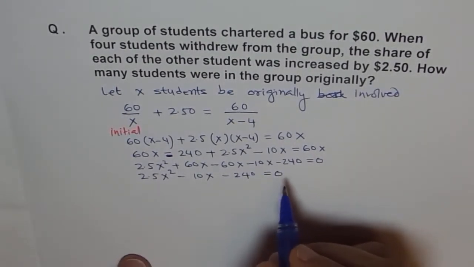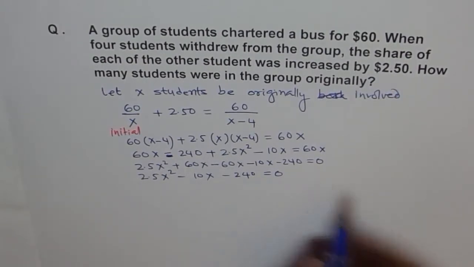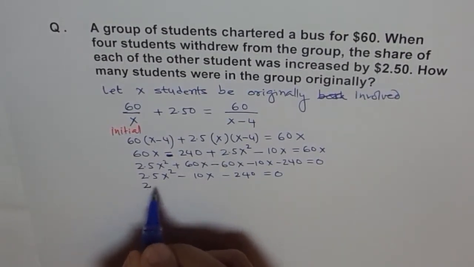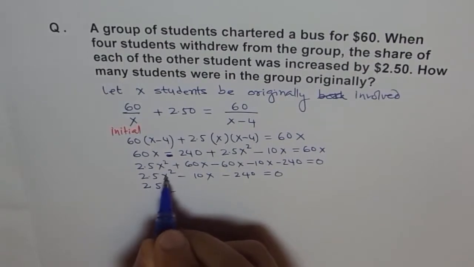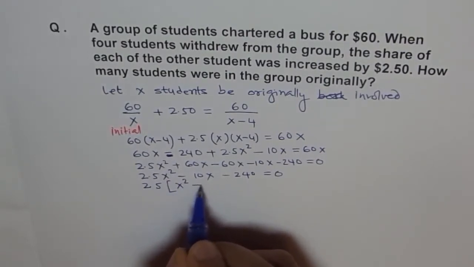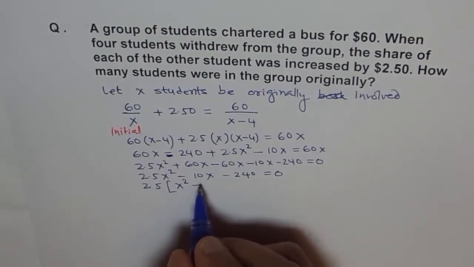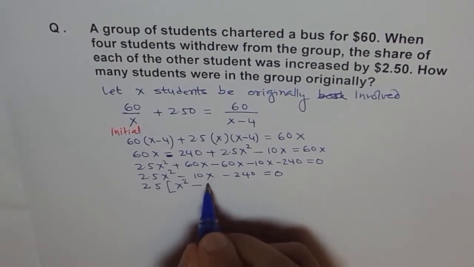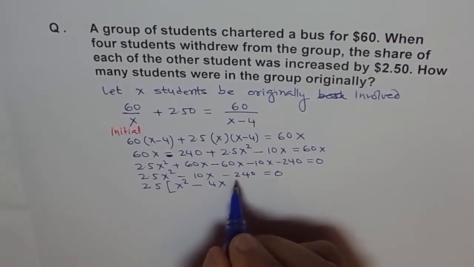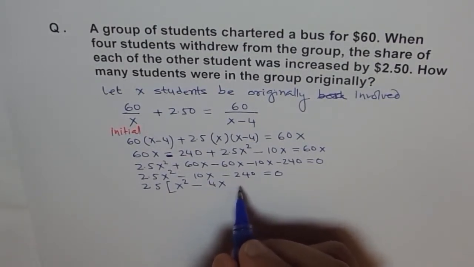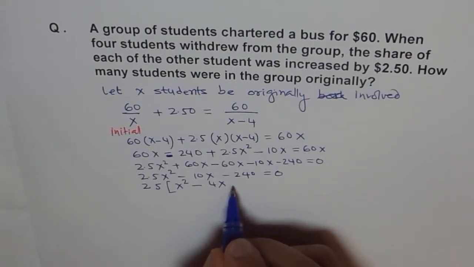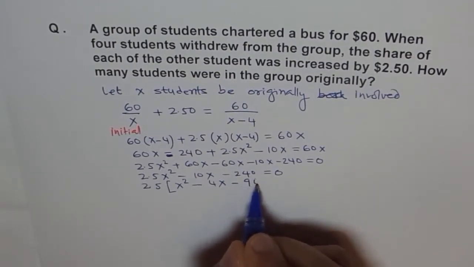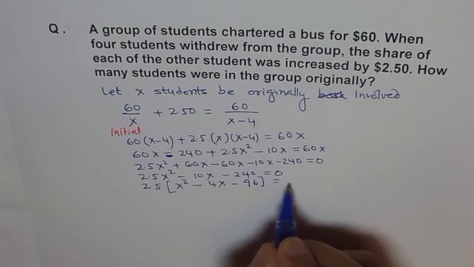Now from here we can take 2.5 common. Do you see that? So we can say 2.5, and within the bracket we get x square, and if you divide 10 by 2.5, 10 divided by 2.5 is 4, we get 4x, and 240 divided by 2.5 is 96. So we get minus 96 equals 0.